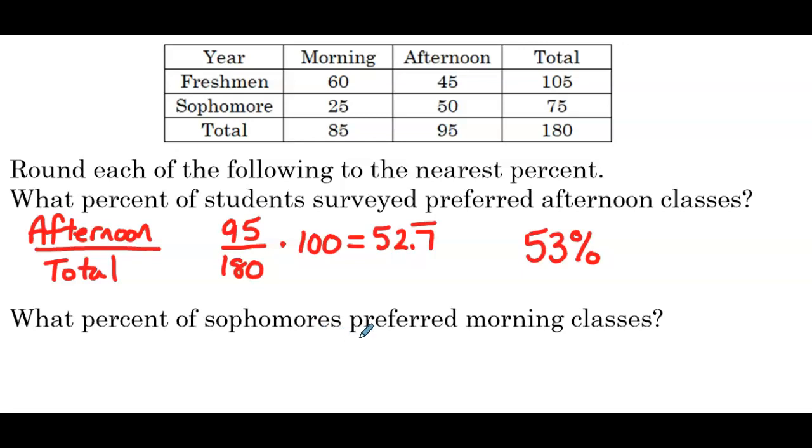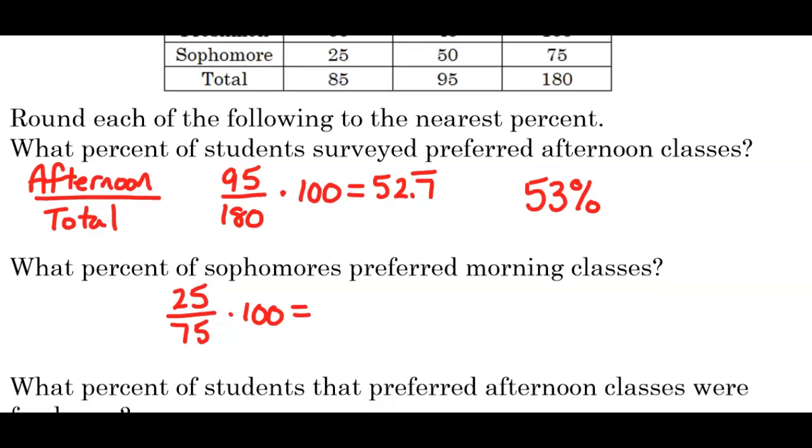What percent of sophomores preferred morning classes? So here we're only focused on the sophomores. So we want the number of sophomores that preferred morning classes over the total number of sophomores. Okay, so sophomores that preferred morning classes, that's 25. The total number of sophomores is 75. And we can multiply that by 100. Now we don't need the calculator here.